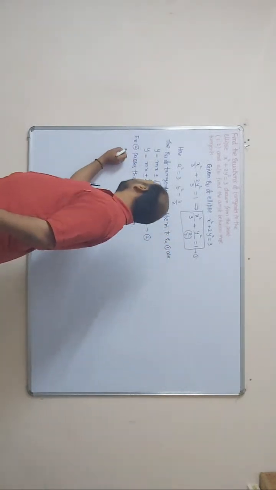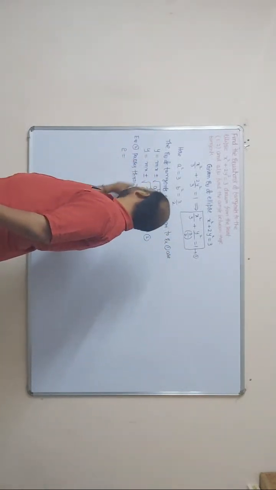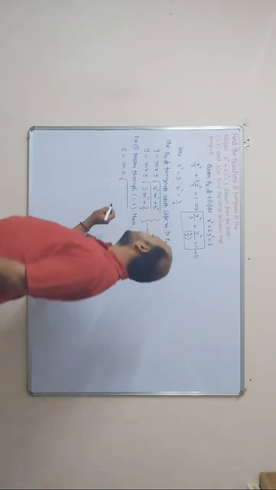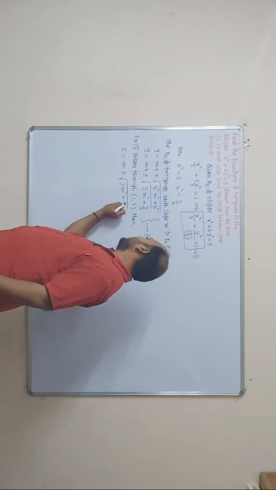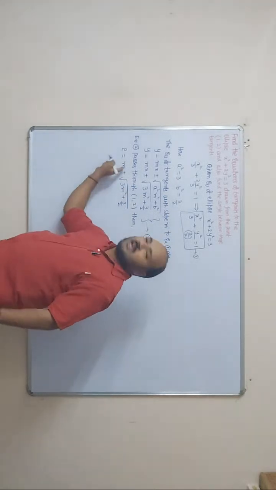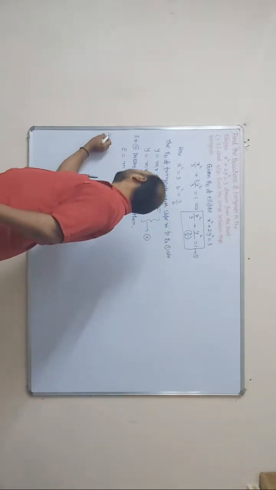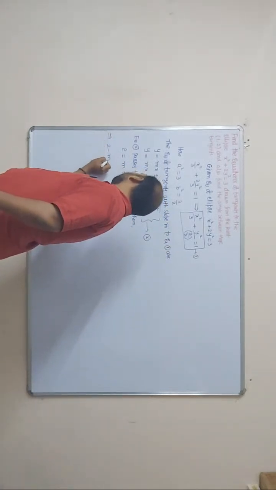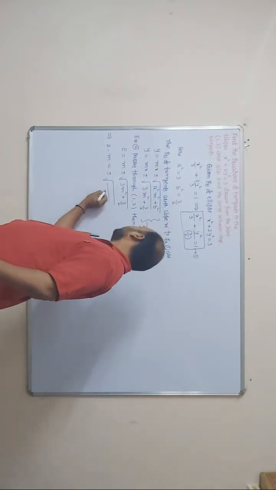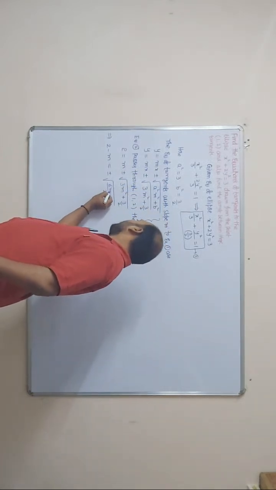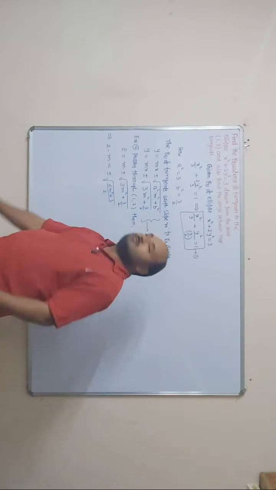So y value 2 is equal to x value 1, so m plus or minus root over 3m square plus 3 by 2. So 2 minus m is equal to plus or minus root over, taking LCM 2, 6m square plus 3.